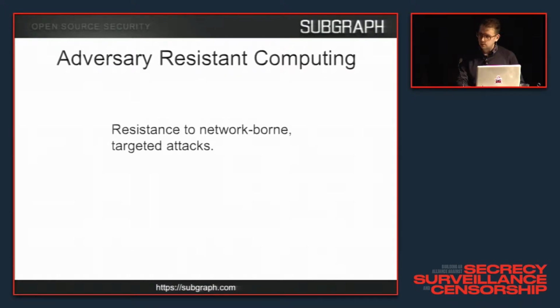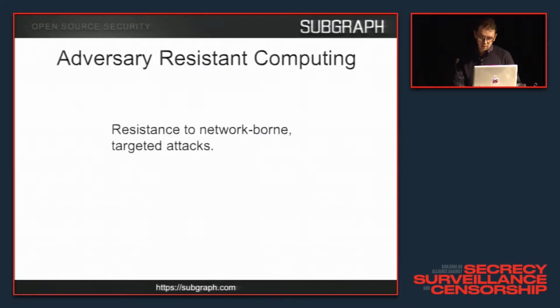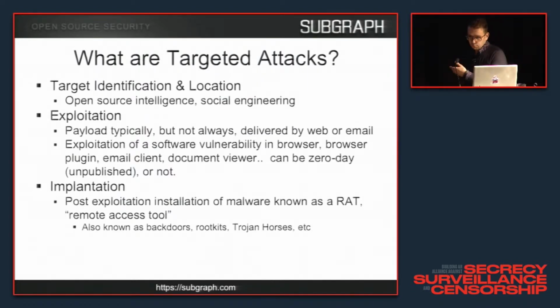That quote that Jake cited earlier is one we really like. Jake said something like, trying to turn Eve into Mallory and forcing Mallory to become a burglar. Our job is to make Mallory into the burglar by making the Mallory-style attacks much more difficult. In crypto terminology, Eve is the passive adversary, Mallory is the active adversary, and a burglar is someone who needs to physically break into your house to steal your secrets.